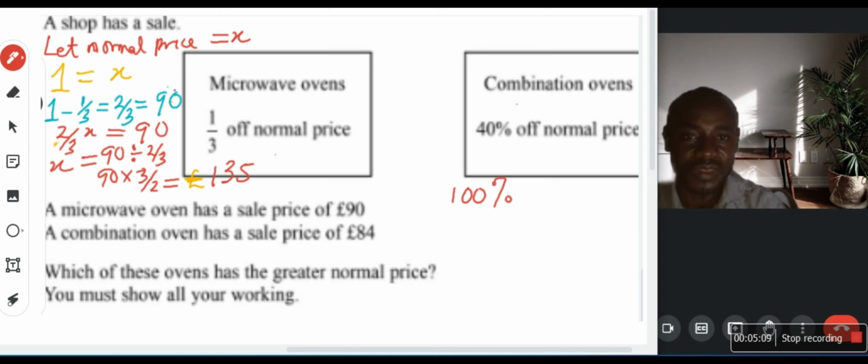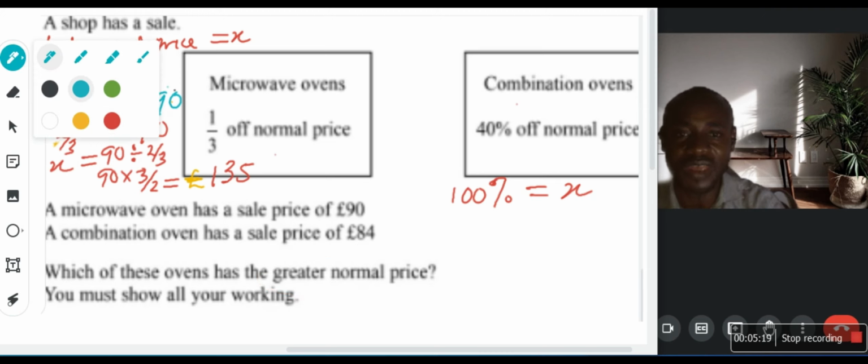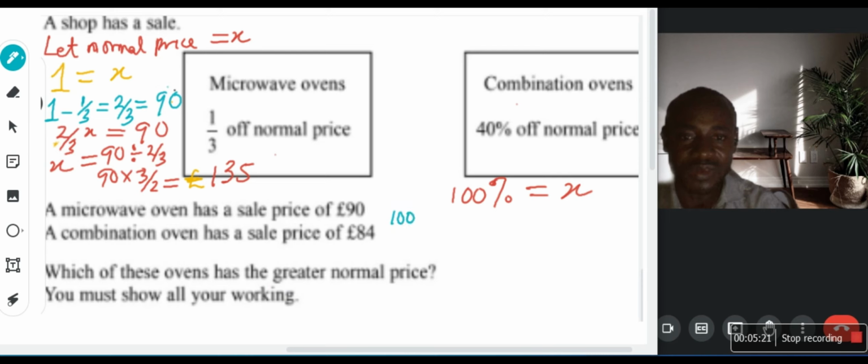So 100% was the full thing, which we want to find out, X, the normal price. After you remove 40%, that is to say 100 minus 40, which is 60%. So 60% is now what is given, 84. 60% is 84.